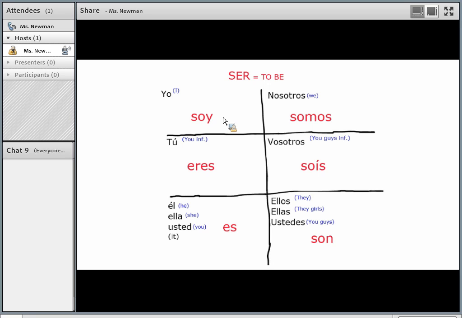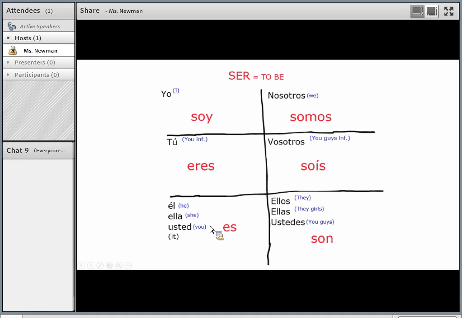So let's talk about the meaning, right? Just like in English, our conjugations of be are am, are, is. In English, it's I am, right? So yo soy is I am. Tú eres, you are. Él es, he is.